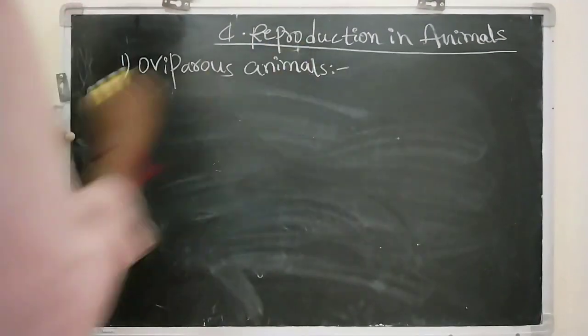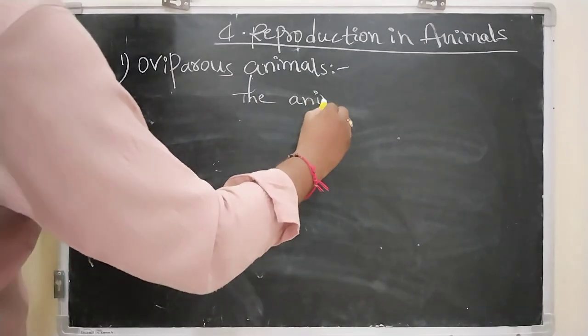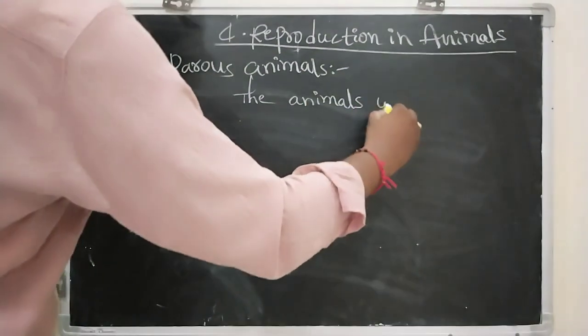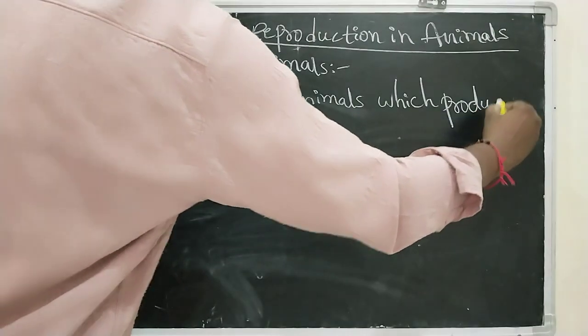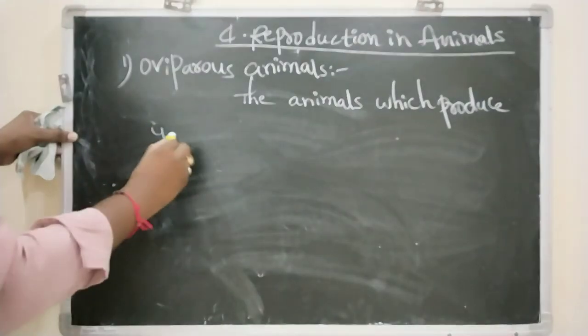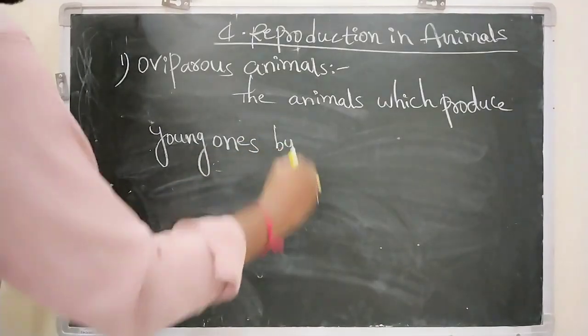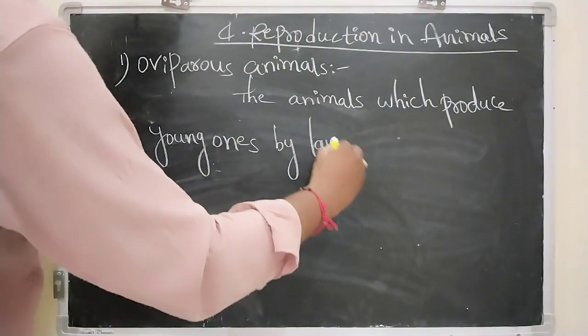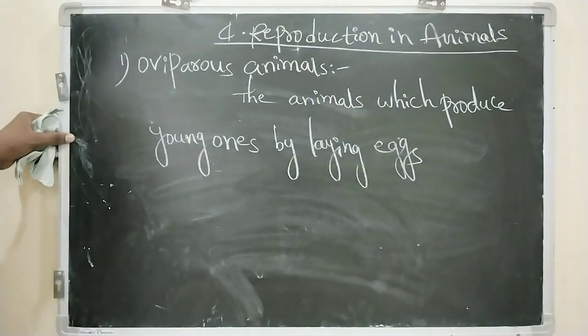What are oviparous animals? The animals which produce young ones by laying eggs. These are called oviparous animals.